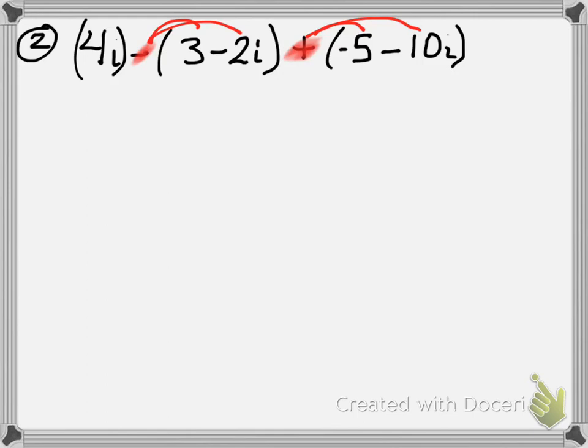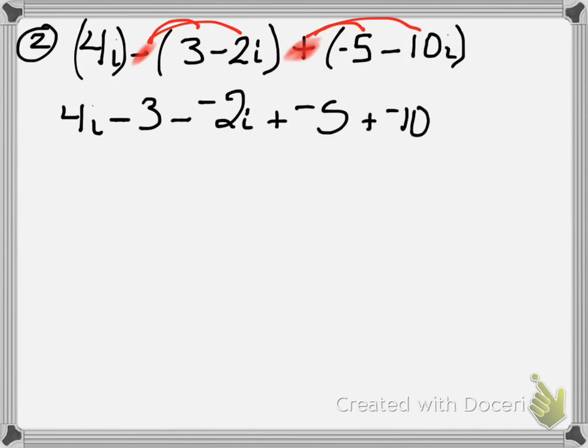That 4i gets written down, minus a positive 3, minus a negative 2i, plus a negative 5, plus a negative 10i.